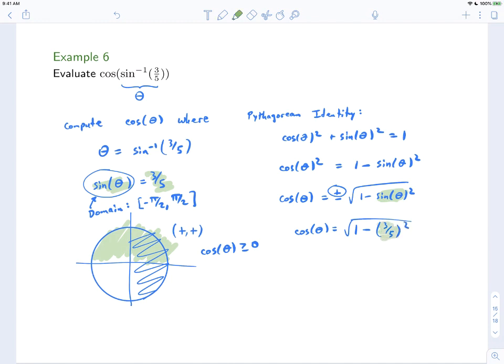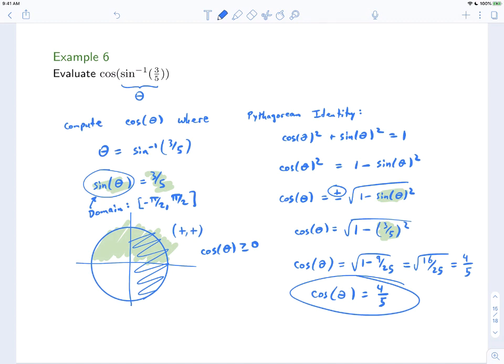So that means cosine of theta is equal to the square root of 1 minus 9 over 25, which is the square root of 16 over 25, which is 4 over 5. So cosine of theta is 4 over 5. And that's what we were trying to compute. We wanted to find cosine of this angle theta. Theta was the inverse sine of 3/5. So we wanted to find cosine of theta, and we've just done that.